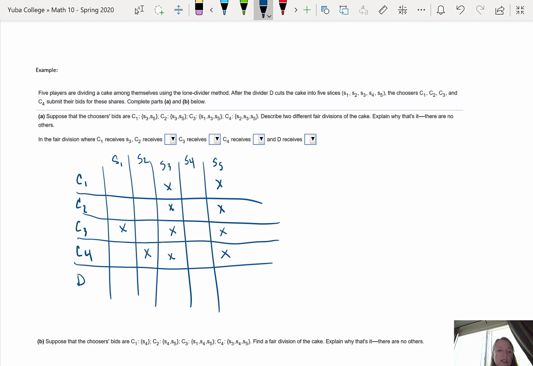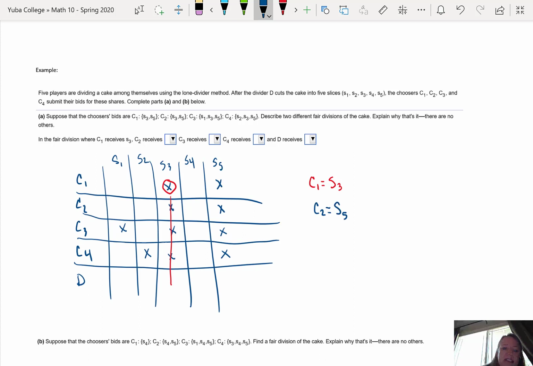So in this fair division, if we give C sub 1 S of 3, what would we give everybody else? That means no other chooser can get S of 3, so I'm just going to cross it out. And so the only other option for chooser 2 would be S of 5.